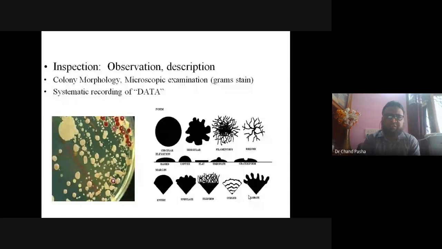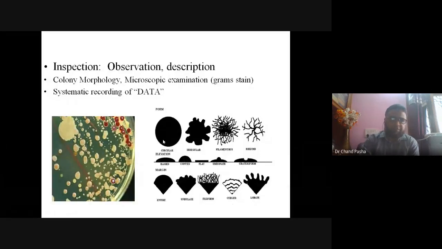Based on these observations, we can divide them into groups. If a rhizoid type of colony morphology is there, most of the time it is going to be actinomycetes. If it is a convex nature, mostly it is going to be E. coli. Raised form, mostly Klebsiella.